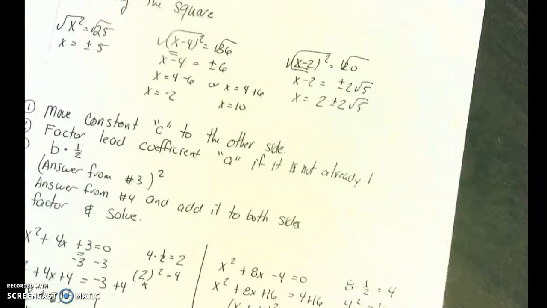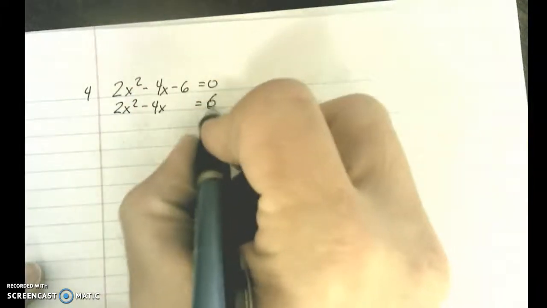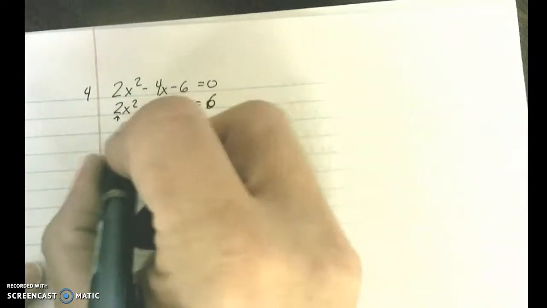All right. So then number 4, we have 2x squared minus 4x minus 6 is equal to 0. Okay. So I'm going to add 6. 2x squared minus 4x equals 6. Okay. I can see that this is not a 1, so I need to factor it. So I'm going to factor out a 2.